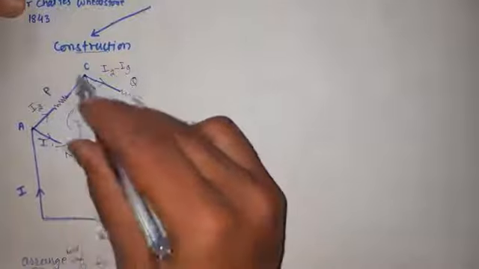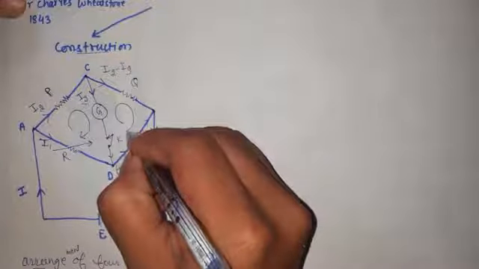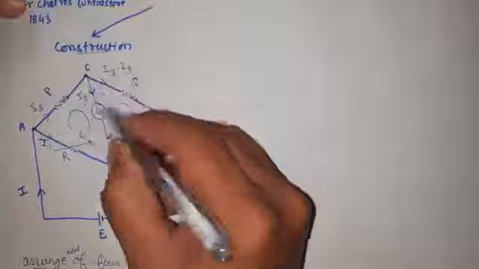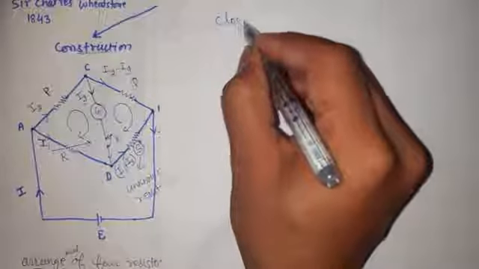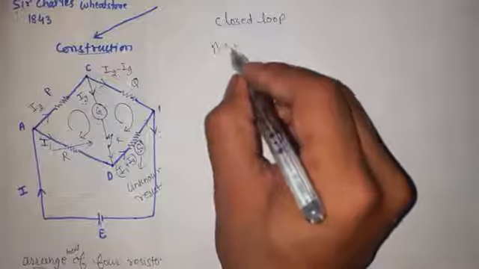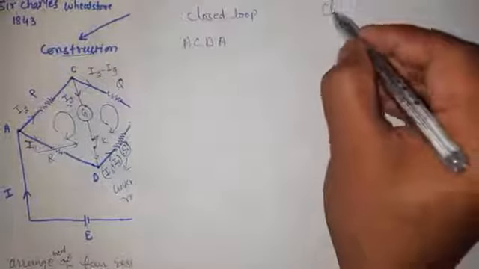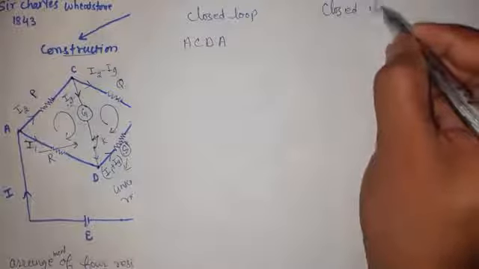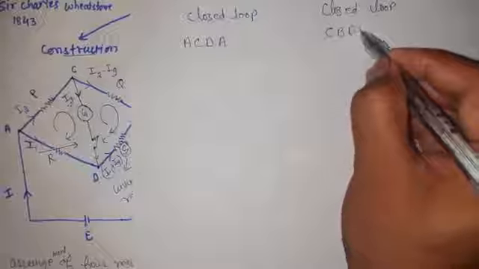One closed loop is ACDA, and the second closed loop is CBDC. So here I have written: consider two closed loops. One is ACDA, while the other, closed loop second, is CBDC.